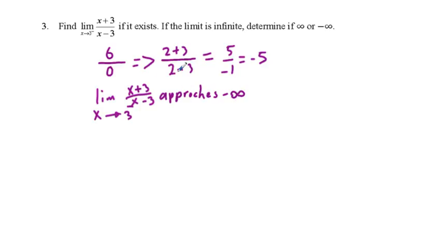And we could tell if we go from the right side, we would see a positive number approaching positive infinity from the right side. The left side is going to be negative infinity.